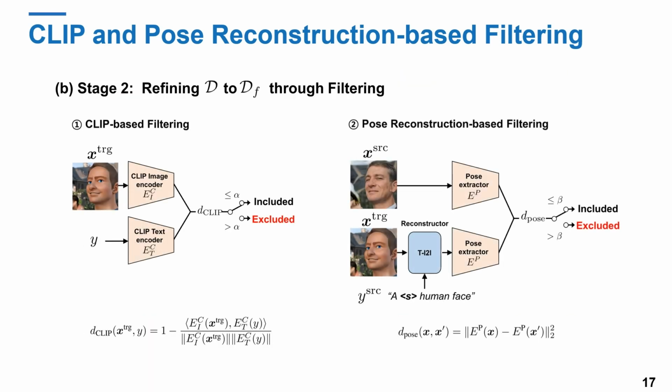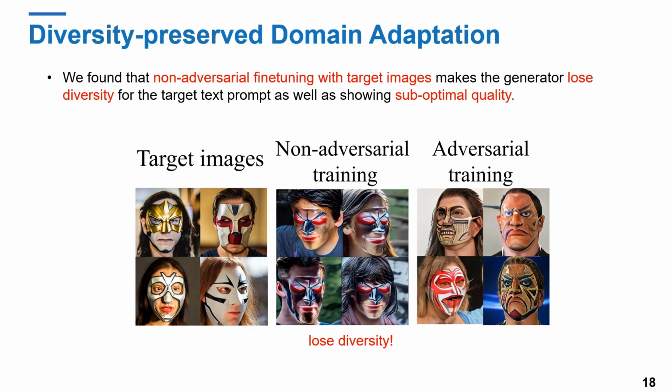To filter out such cases and improve text-image correspondence and pose consistency of target images, we perform CLIP-based filtering and pose-reconstruction-based filtering using a pre-trained pose extractor. Once we obtain the refined dataset, it's time to fine-tune the 3D generator.